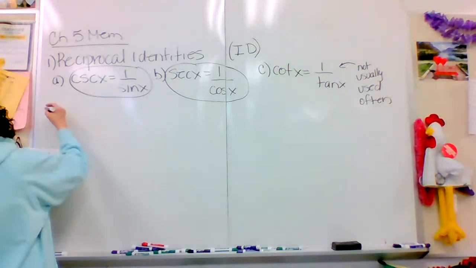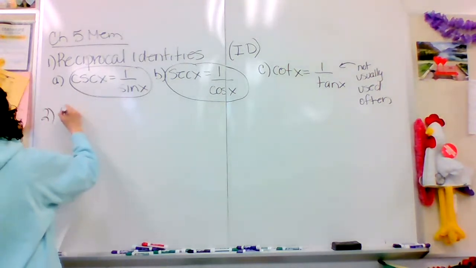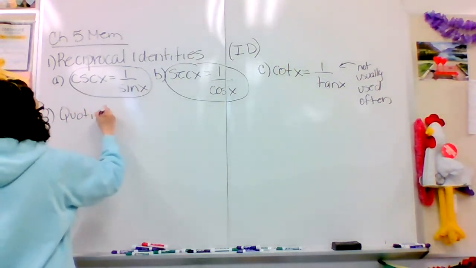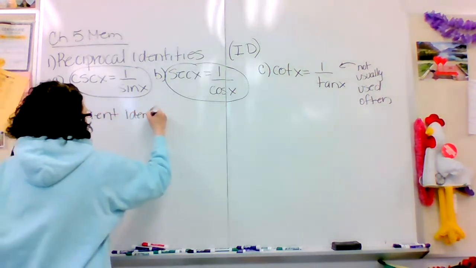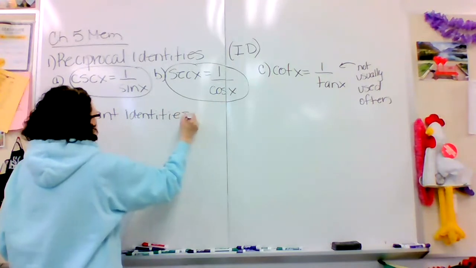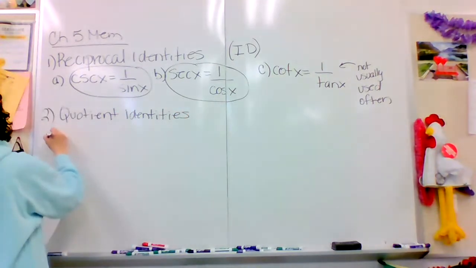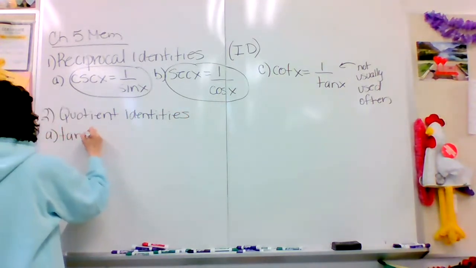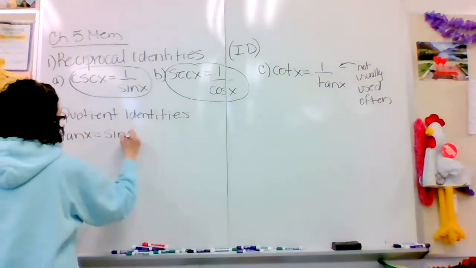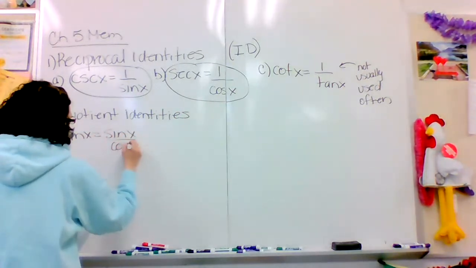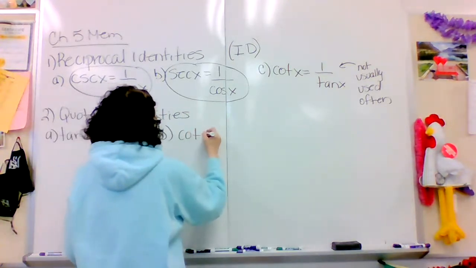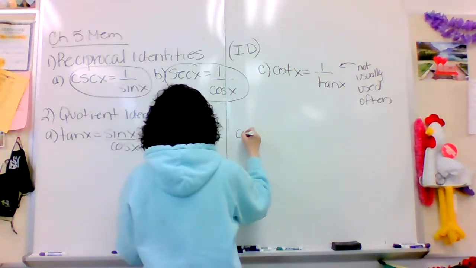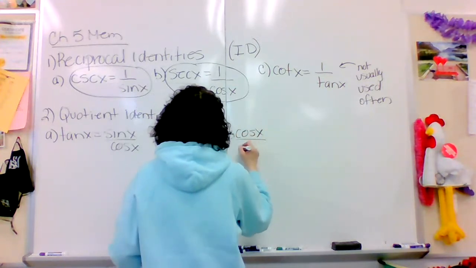Number 2 on the memorization sheet is your quotient identities, which you know also. There's just 2 of them. Tangent of x equals sine of x over cosine of x. And cotangent of x is equal to cosine of x over sine of x.